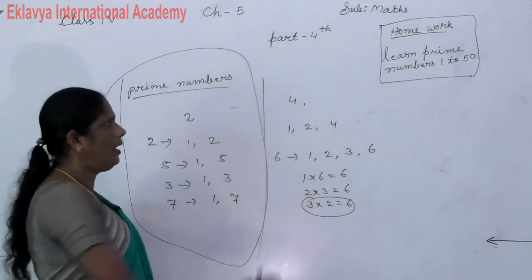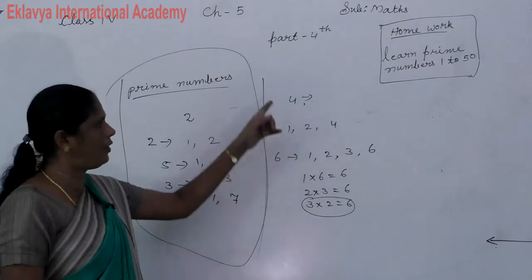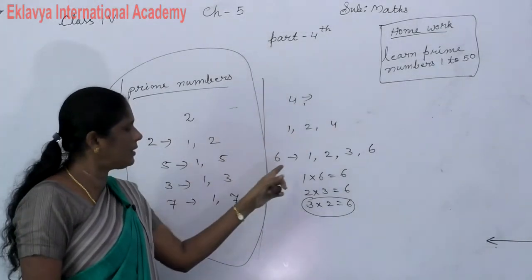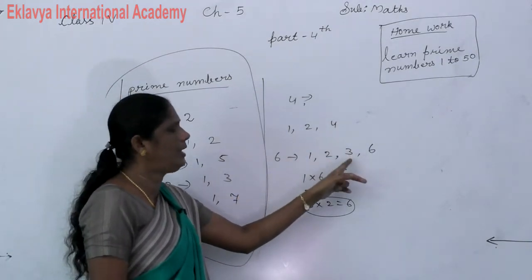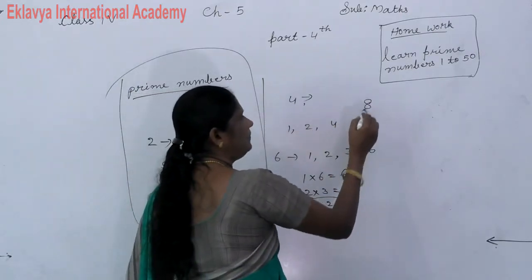Here, for example, what are the factors of 4? 1, 2, 4. What are the factors of 6? 1, 2, 3, 6. What are the factors of 8?